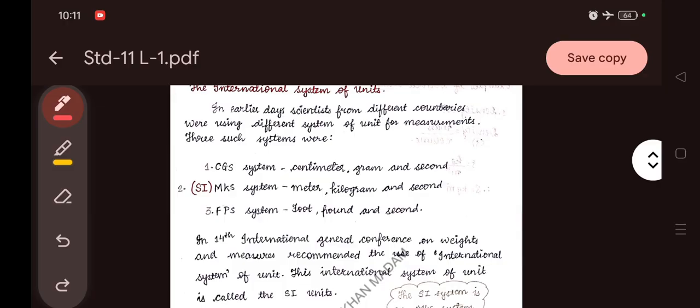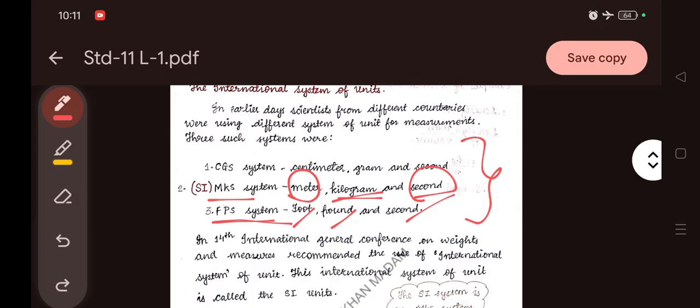Another similar type of system was the MKS system, where distance was measured in terms of meter, mass in terms of kilogram and time in terms of seconds. And the third and mostly used type of system is known as the FPS system, which is foot, pound and second. So these were the three kinds of unit systems that people were using.